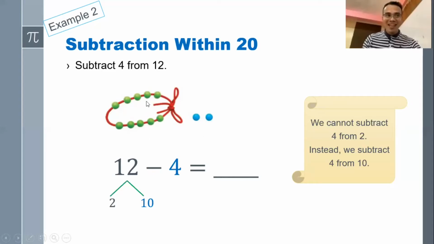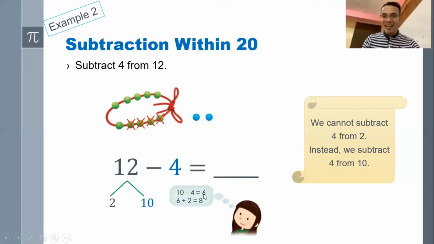Where is 10? This is 10. So we subtract 4 from 10. That is 1, 2, 3, 4. Therefore, 10 minus 4 is 6. There are 6 beads left after taking away 4 of them.